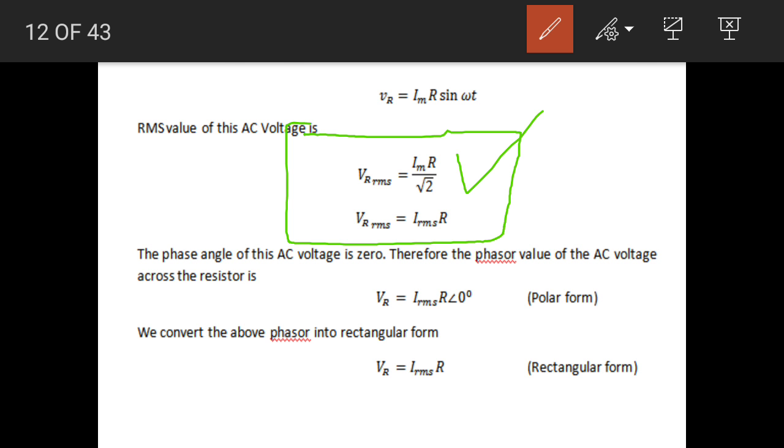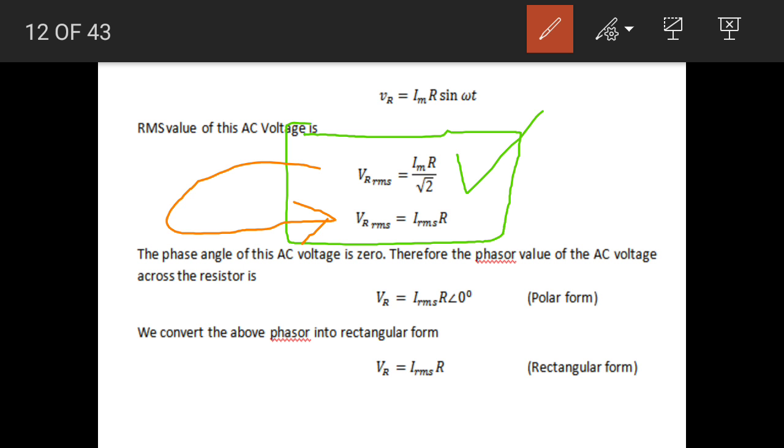And if we simplify this equation, then the RMS value of this AC voltage is equal to the RMS value of the AC current multiplied by the resistance of this series combination. So this is how we calculate the RMS value of the AC voltage across the resistor.